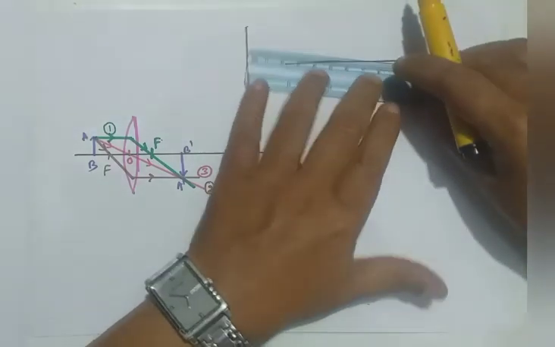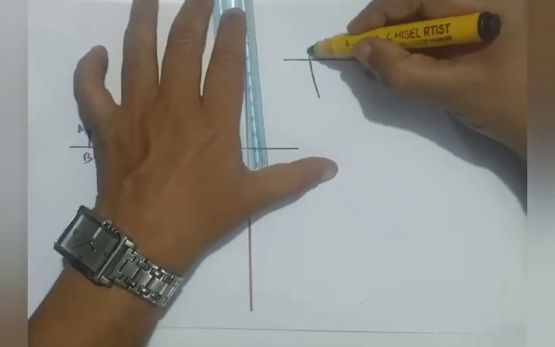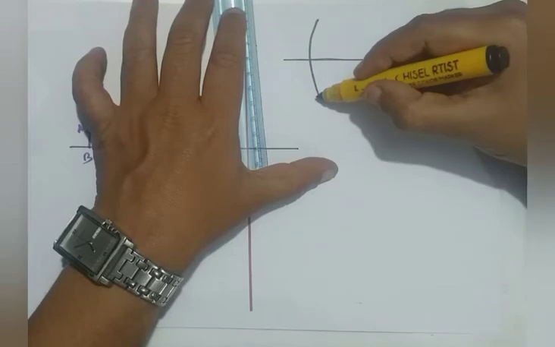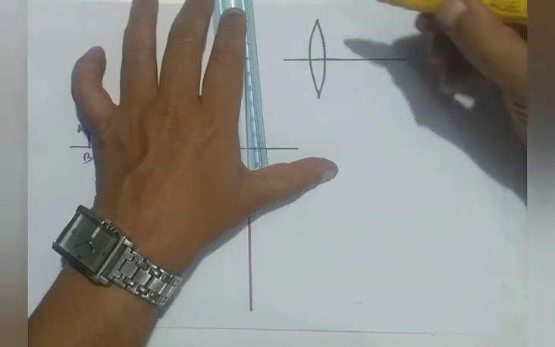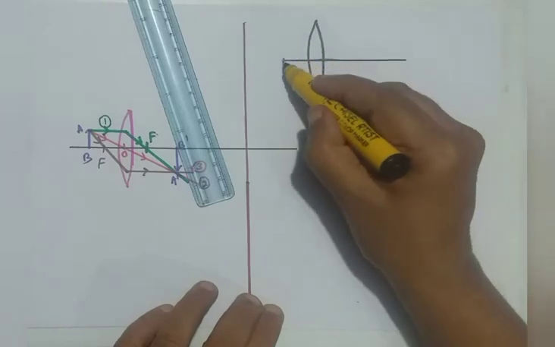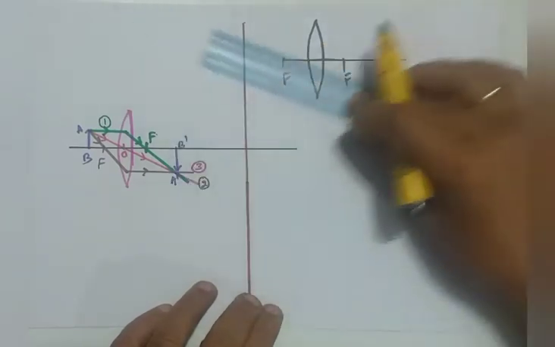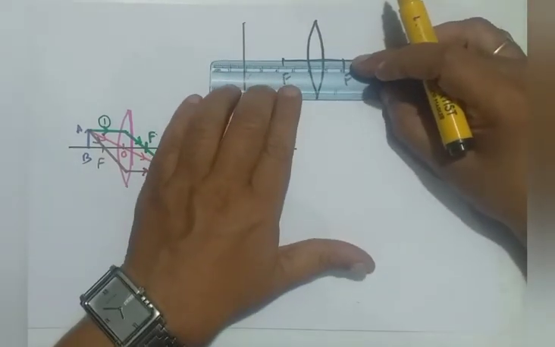Say this is the principal axis and I write a lens there like this. Now we consider two light rays. F is the focal length, the principal focus, and I extend this slightly this way.